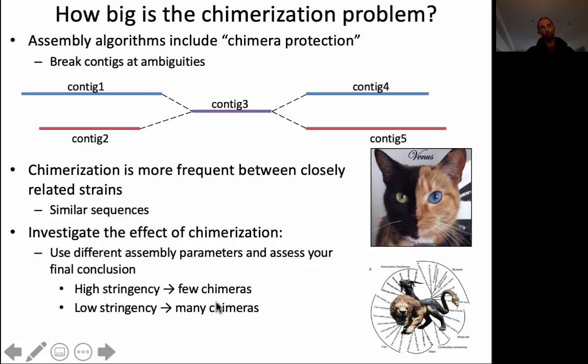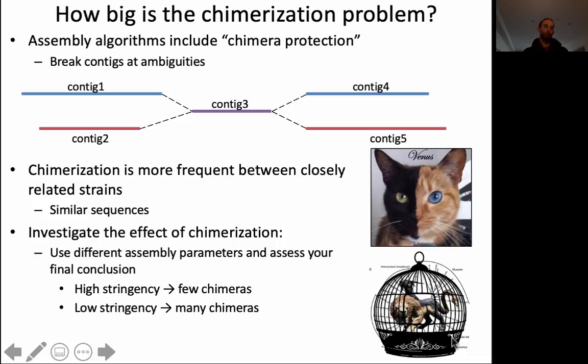So if you compare the biological result by using these two different parameter settings, then you will be able to assess the effect of your chimeric sequences on the biological interpretation, and basically place these chimeras in sort of a little cage and assess how big their effect is on the final result that you're trying to describe.